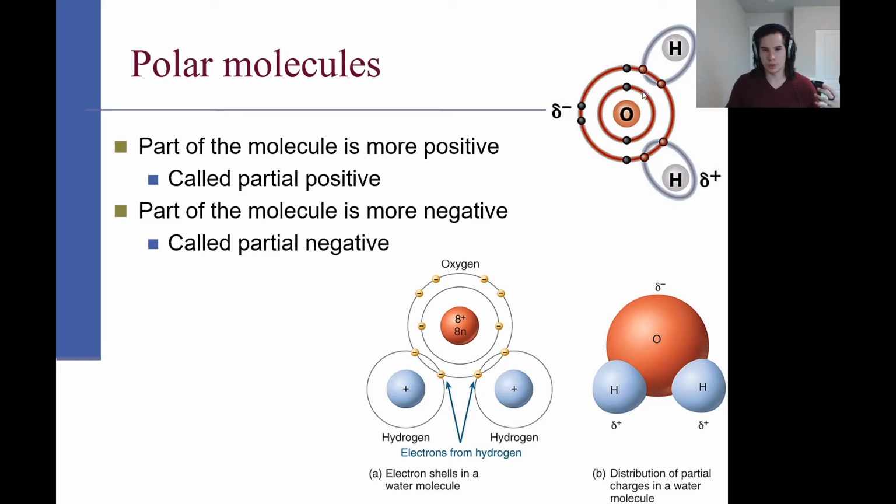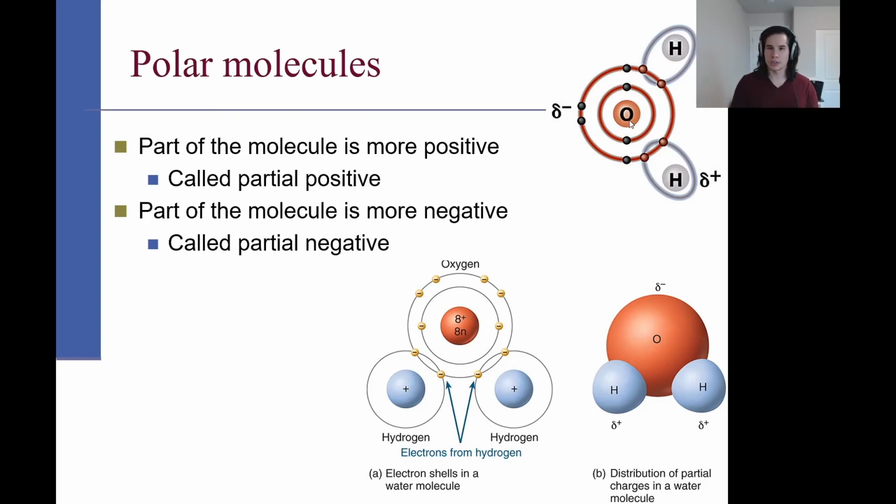So there's this concept called electronegativity, and oxygen has more protons in it. If it has more protons, which are positive, the electrons, which are negative, are going to be drawn to those positive protons more intensely than the single protons found in the nucleus of your hydrogens.